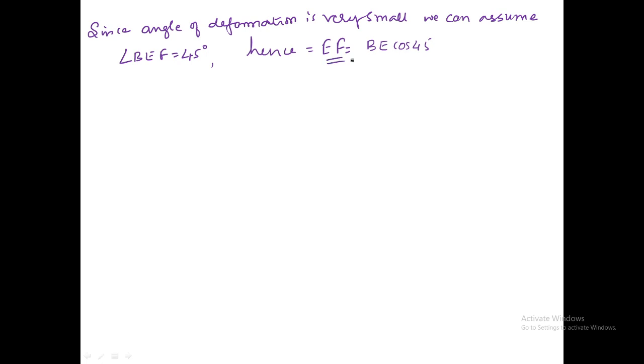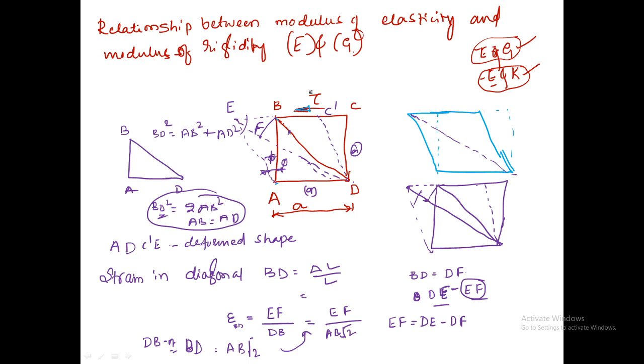Let us look at the diagram. This is the change in length EF. How are you going to calculate it? We have treated this angle as 45 degrees. So EF equals BE into cos 45. Just apply some trigonometric relations here.